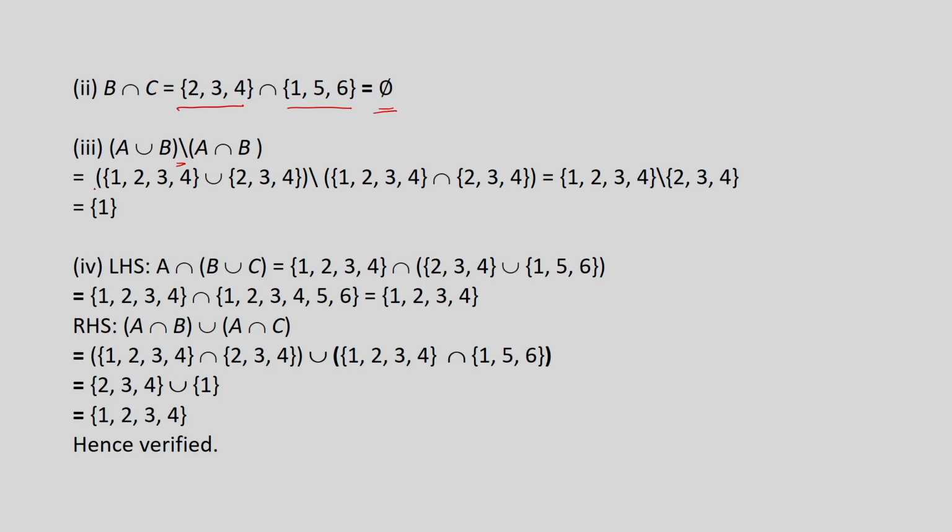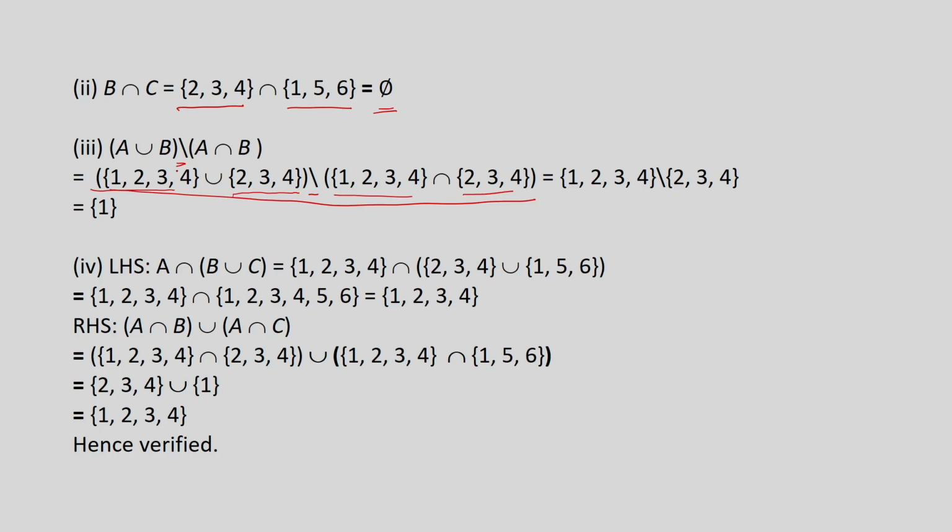So, we expand this, and that is what we are going to get. So, this is A, 1 2 3 4, union B, which is 2 3 4, and then you have this symbol, and then within the brackets again 1 2 3 4 the first set, and intersection 2 3 4 the second set B.